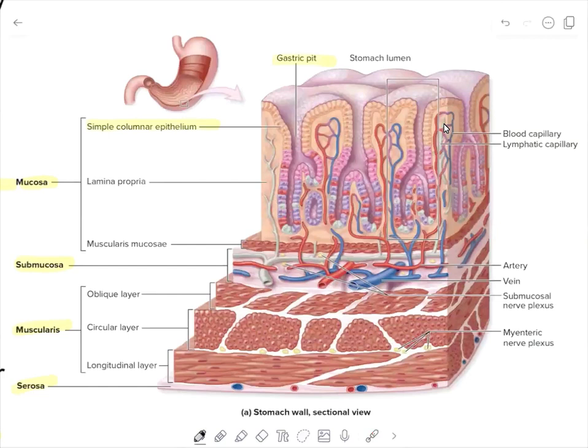So the gastric gland is this region right here at the base of the gastric pit. The stomach also is going to have three layers of the muscularis. In addition to having the circular layer and the longitudinal layer, it has an oblique layer. It's the only part of the GI tract that has an oblique layer, and it allows for continued mixing. So mixed contents happen here.